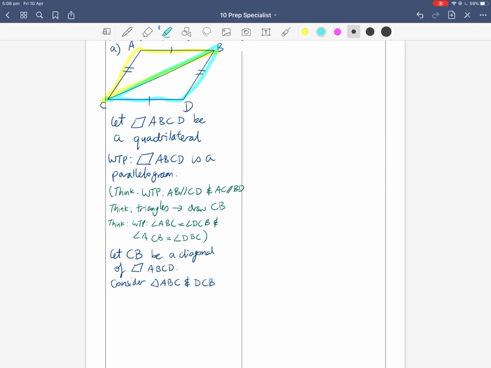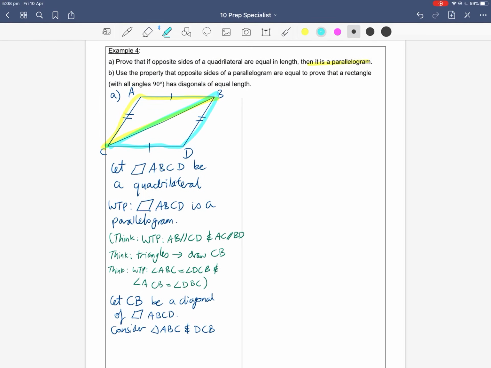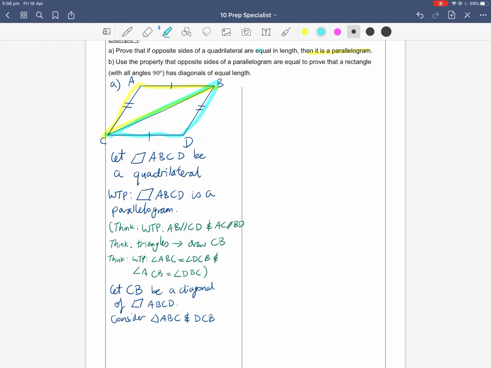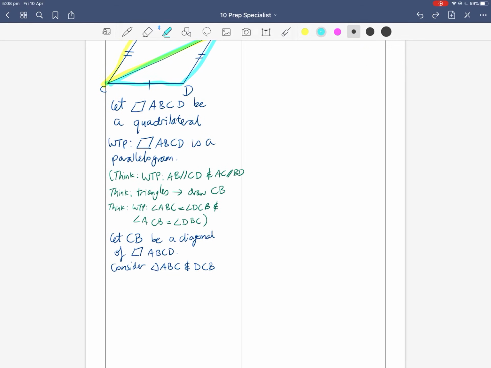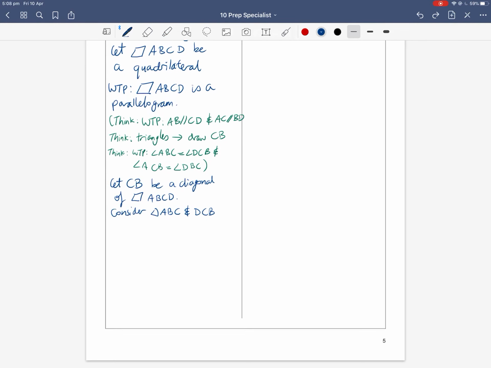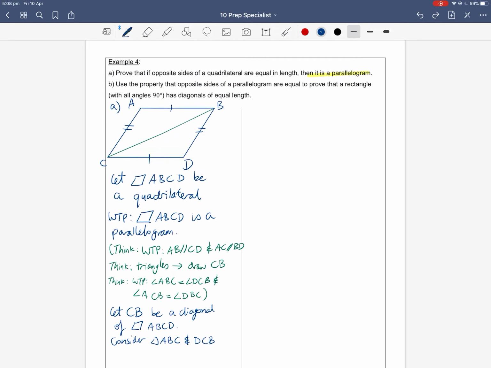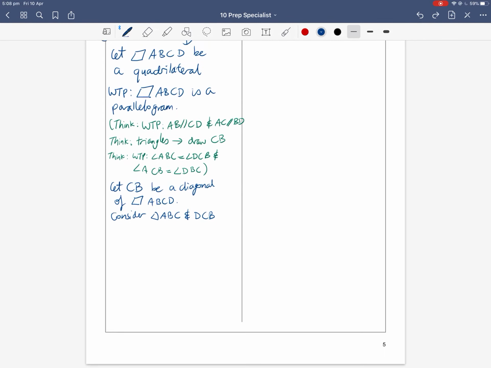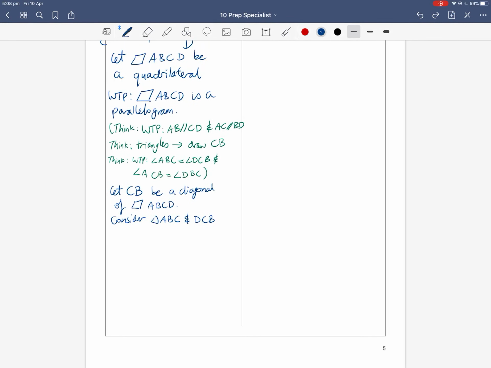So if I can show that all three sides are the same, which is easy because we're told that the opposite sides are equal in length. So that's easy to show that the triangles are congruent. Okay, so let's write that down. So from the diagram, CB is the common side because that's the diagonal we drew in.